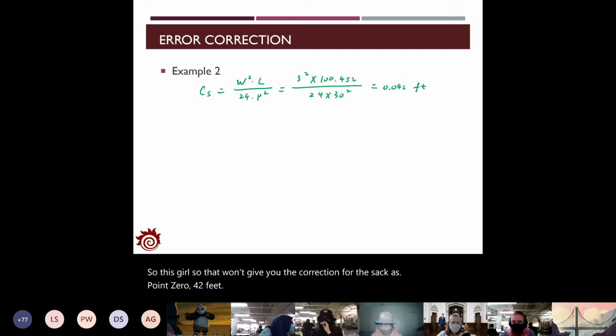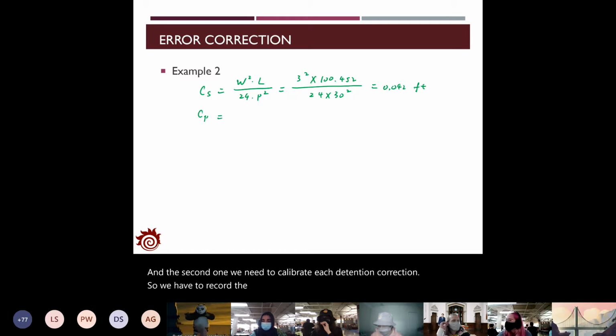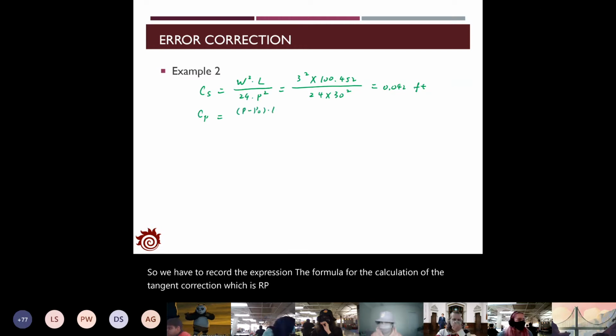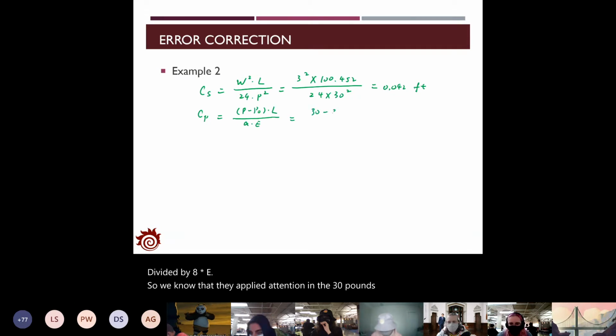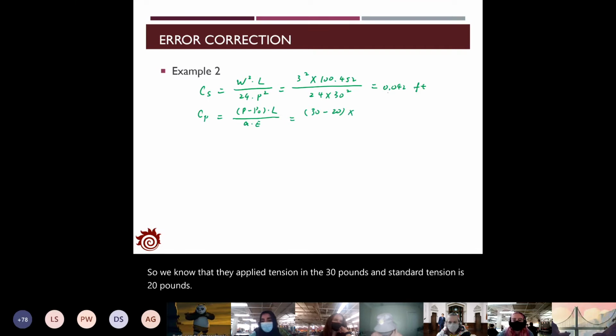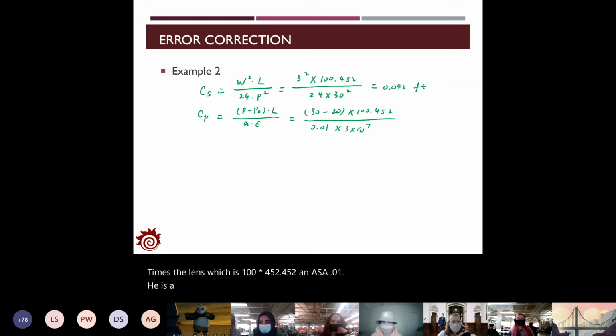And the second one we need to calculate is the tension correction. We have to recall the formula for the tension correction, which is P minus P0 times L divided by A times E. We know the applied tension is 30 pounds and the standard tension is 20 pounds, times the length, which is 100.452, and A is 0.01, E is 3 times 10 to the power of 7.